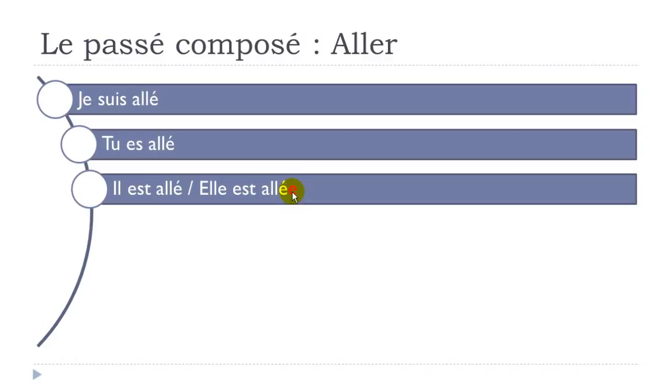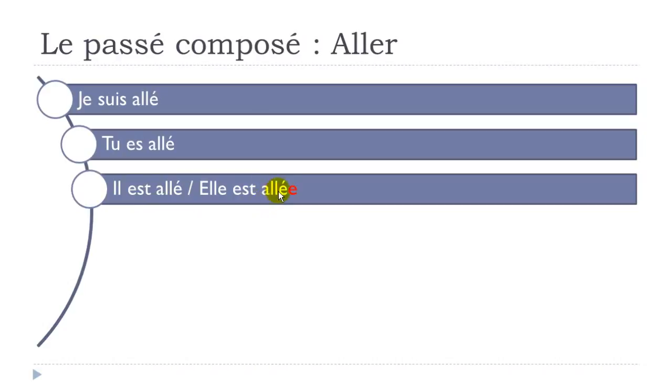You've got to add this feminine mark at the end of your participe passé, just because elle is feminine, and you're using this être verb to construct the passé composé. Phonetically, it doesn't exist. You don't pronounce it, so you get elle est allée, and for the masculine form, il est allé.